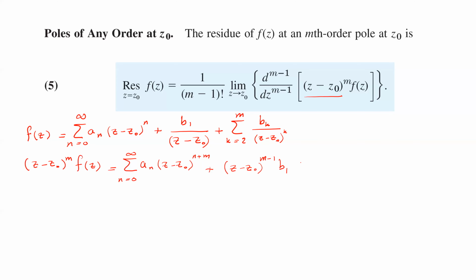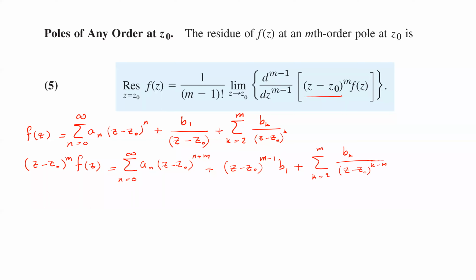And then the other terms become the sum of k from 2 to m, bk divided by (z minus z naught) to the power k minus m, right?